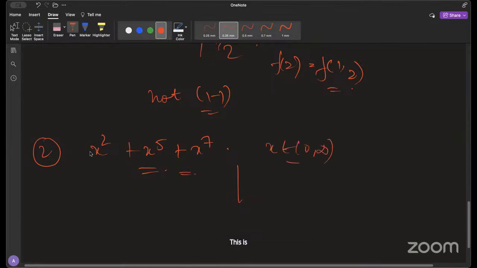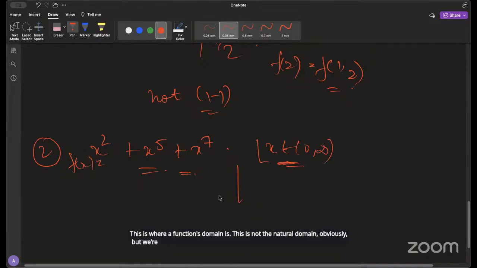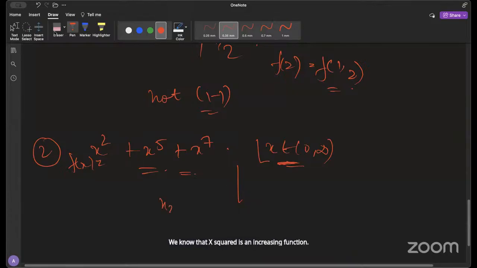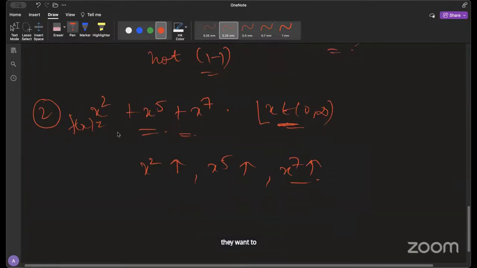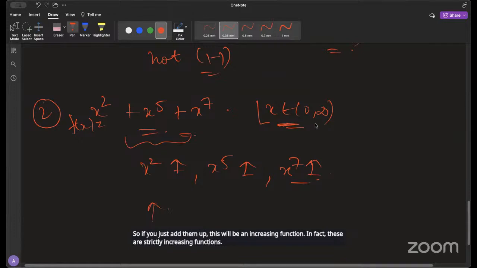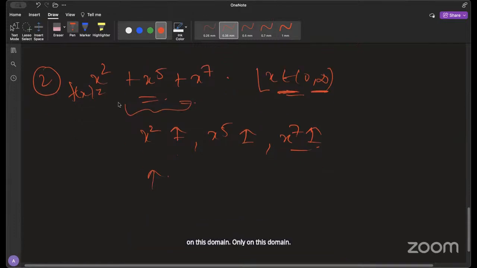This is not the natural domain, obviously, but we're taking it to be this. We know that x squared is an increasing function, x to the power 5 is increasing, and x to the power 7 is increasing. All of these are increasing functions, so if you add them up, this will be an increasing function. In fact, these are strictly increasing functions on this domain only. So this will be an increasing function too, right?